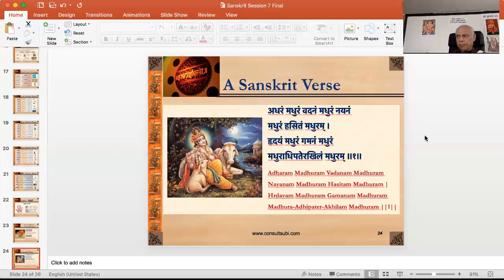Adharam, Vadanam, Nayanam, Hasitam, Gamanam, Hridayam. They are all new words. You will learn so many words in just one single verse. So that's why I thought I should tell you this verse. It also shows Krishna playing the flute, and this is a beautiful verse of entirely Madhurashtakam.